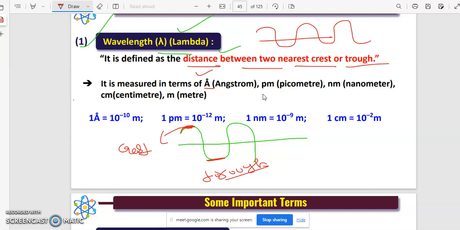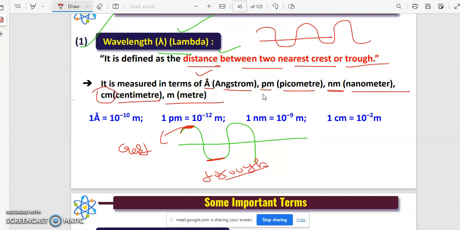A naught is the angstrom, and pm is the picometer. These can be its units. It can also be measured in nm, which is nanometer, or in centimeter or simply meter.